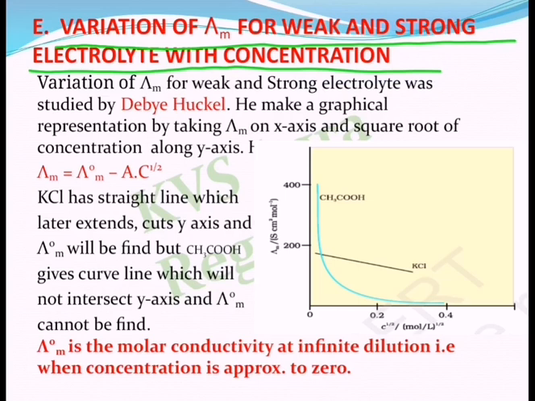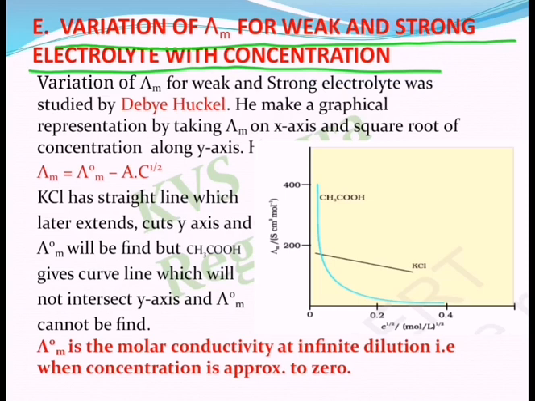This graph is taken from the NCERT book. On the x-axis, you observe there is the root of concentration, and on the y-axis there is molar conductivity. The green line indicates the conductivity of a weak electrolyte, that is acetic acid, and the black line indicates the molar conductivity of KCl, a strong electrolyte.